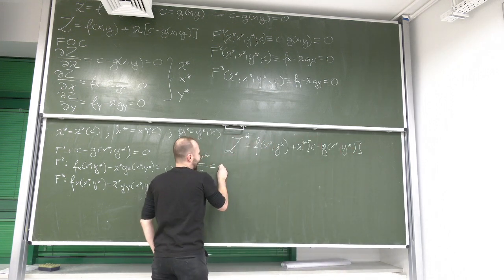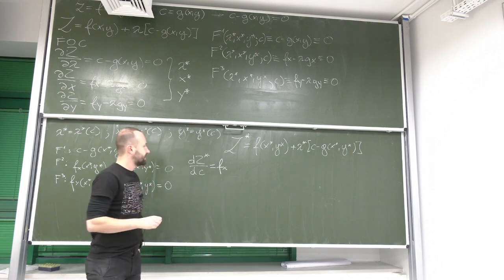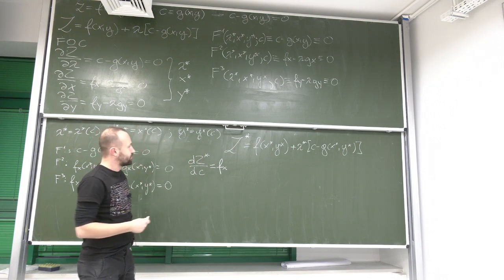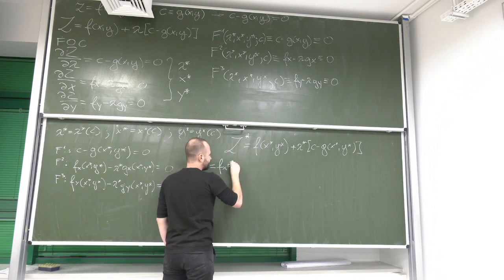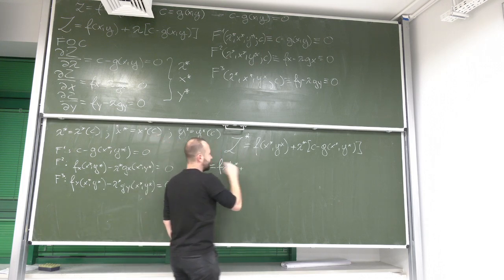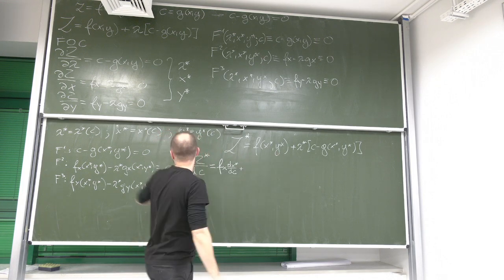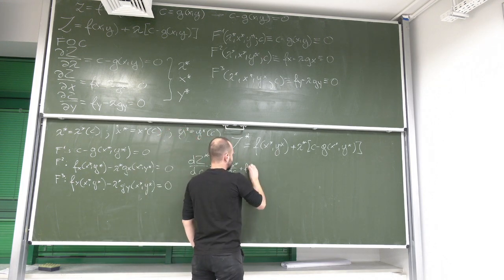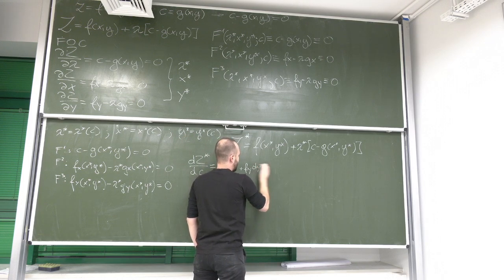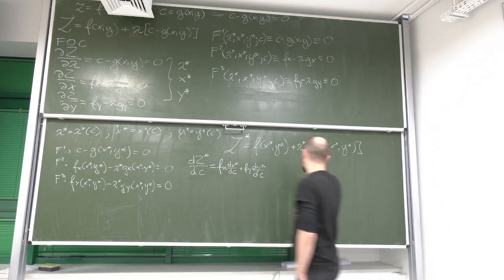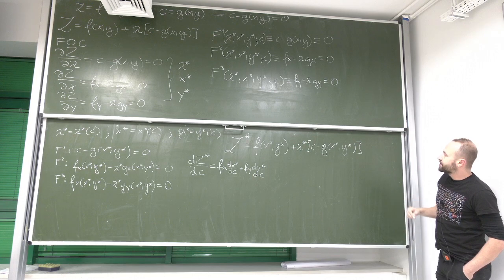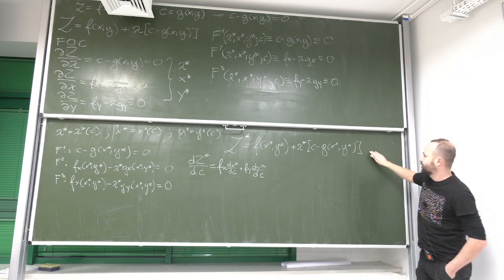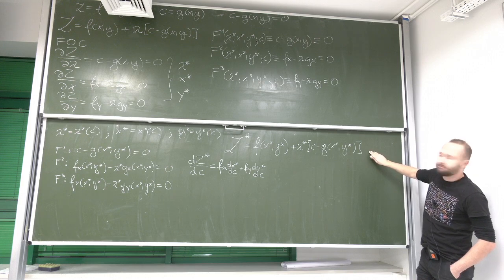So we will have here f of x, so the derivative of f with respect to x, of course evaluated at optimum, times the change in optimal x due to c. Then we need to do the same thing with respect to y, right? Because c also influences y. So we get that this is f_y times dy/dc. Okay, here we need to use the product rule. Why do we need to use the product rule? Because here we have multiplication of two expressions.